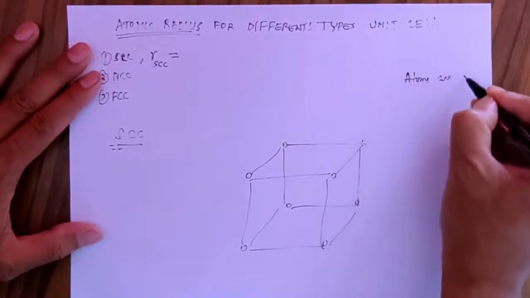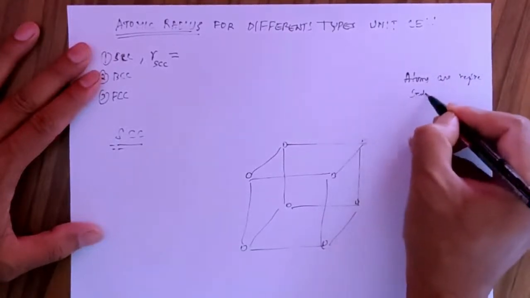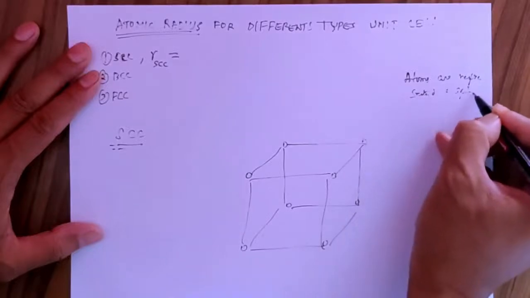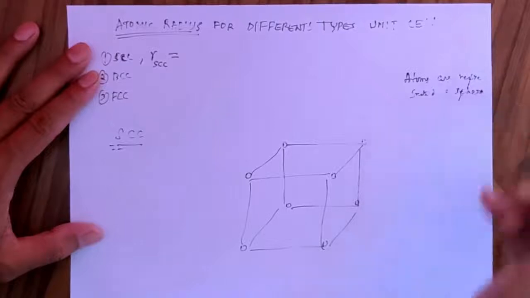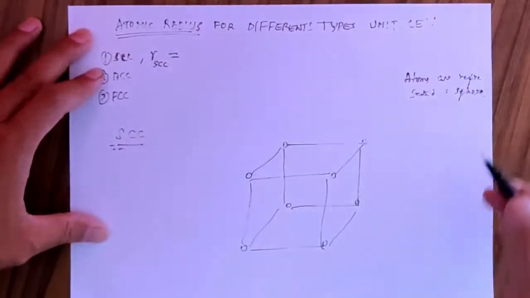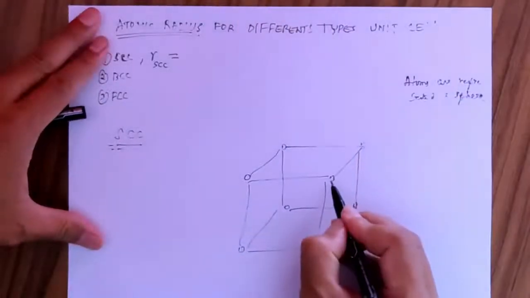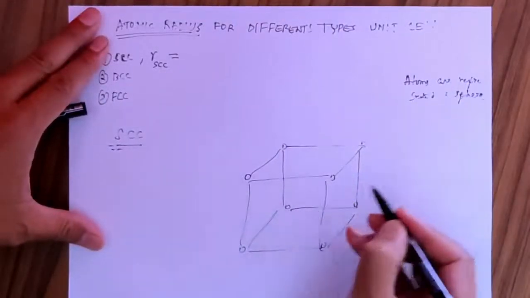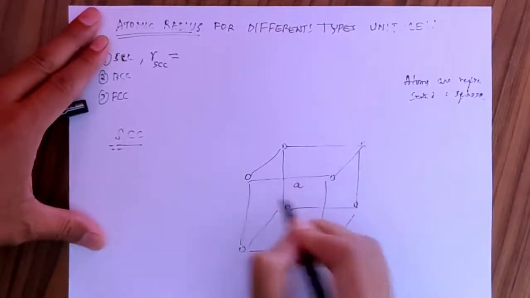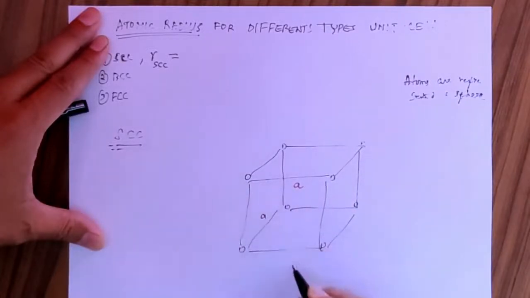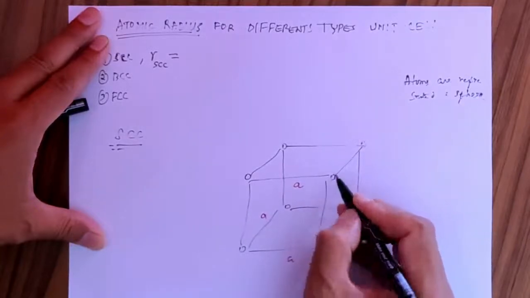Atoms are represented by a sphere. Consider one atom, and this edge length is A, everything is A. An atom is represented by a sphere.